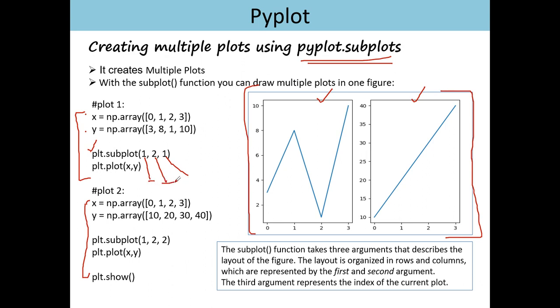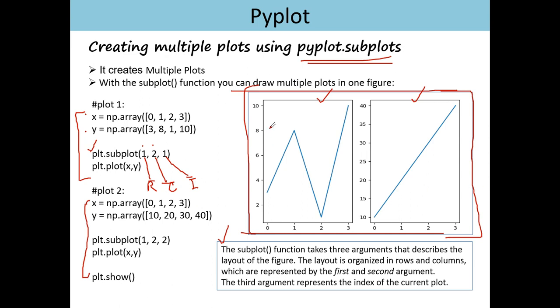These are three things that you have to remember. The first one is your row, the second one is your column, the third one is your index. This is written here, you will read it. See here, this is a single row. Inside a single row you are getting two columns. That's why 2 is here. If you give 3, you will have 3 subplots in a single row.